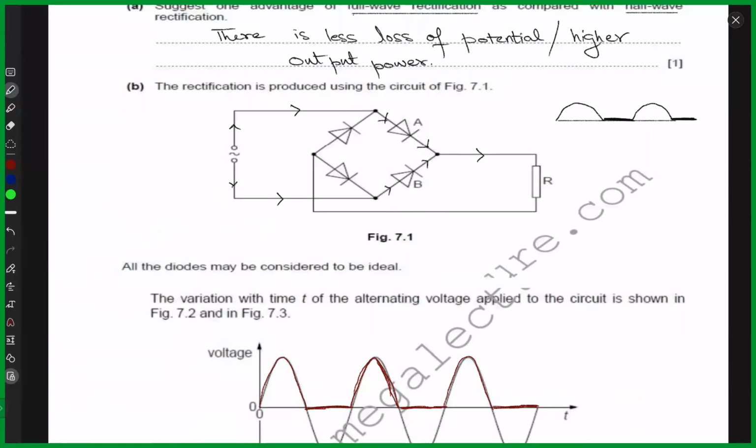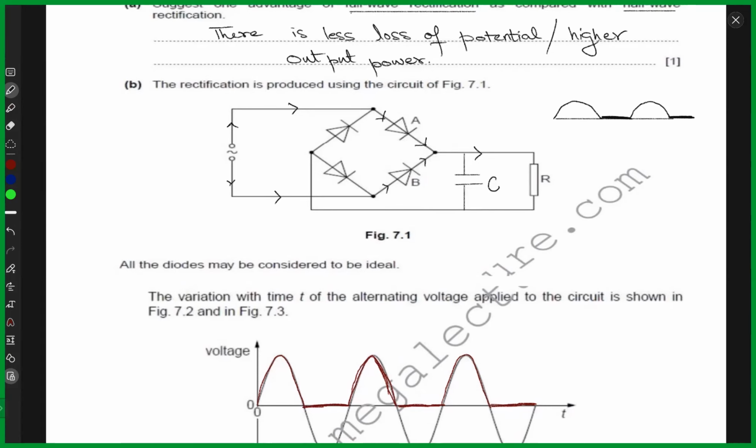You just have to remember that you connect it in parallel with resistor R. So you can draw it over here. Label it as C. So this is how you'll connect the capacitor, and this is how you can save some of the loss in a potential drop, which is called smoothing.